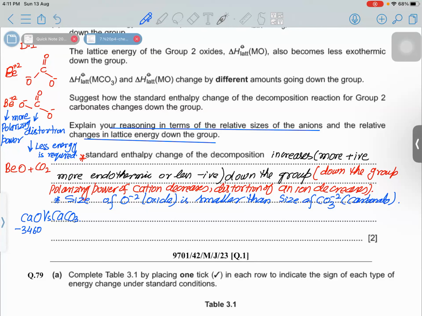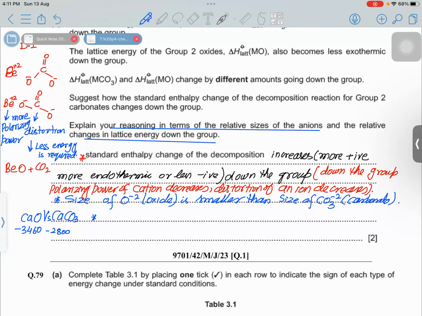Minus 3460. Yes, sir. And what about the calcium carbonate? So minus 2800. So which one has more lattice energy? Calcium oxide, sir.